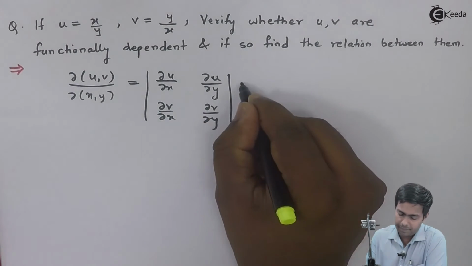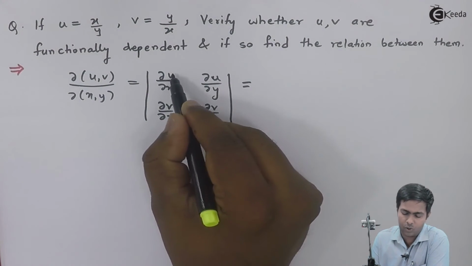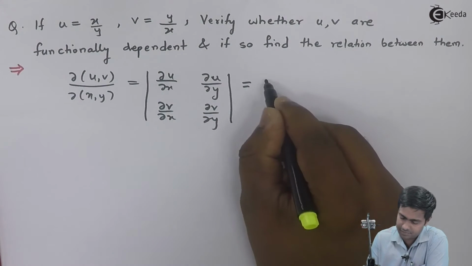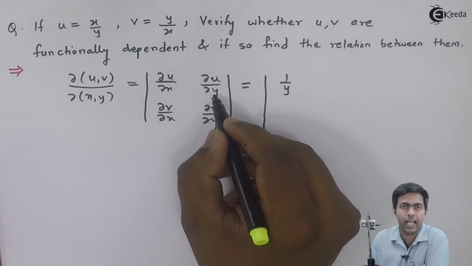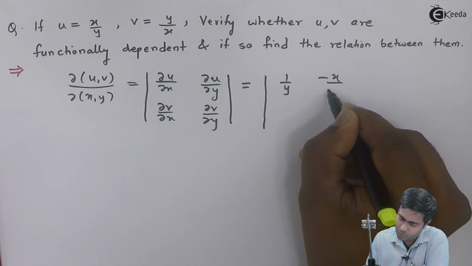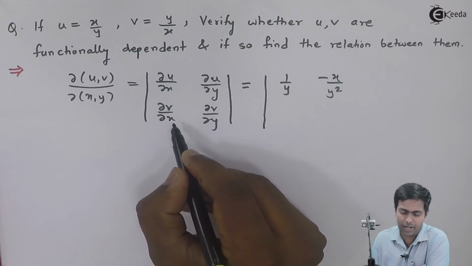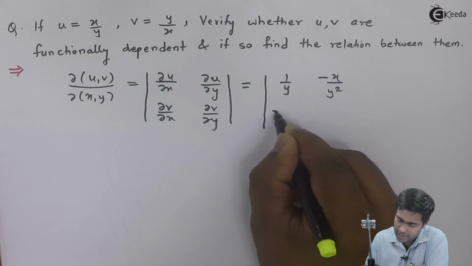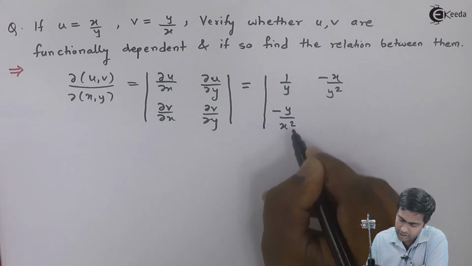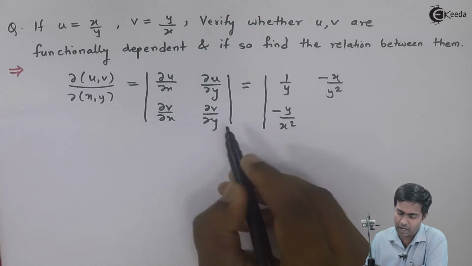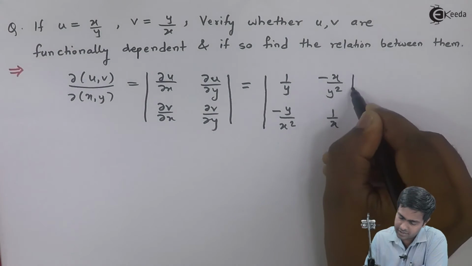So here we'll get dou u by dou x as 1 upon y, dou u by dou y as minus x upon y square, dou v by dou x as minus y upon x square, and dou v by dou y as 1 upon x.